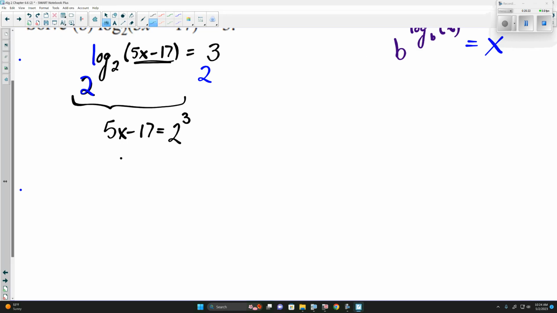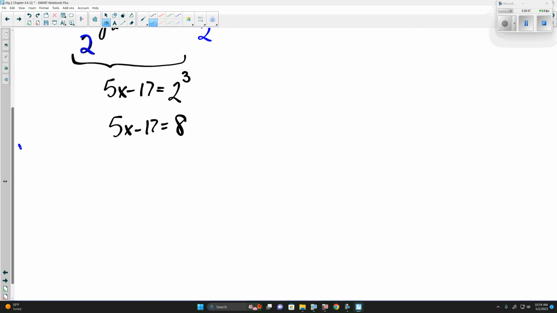So most of these here will give us a nice number. When I say a nice number, I mean it will not give us a non-repeating, non-terminating decimal. It will not give us an irrational number. But this here, 2 to the third is 8. That is a nice number. And from here we can solve.